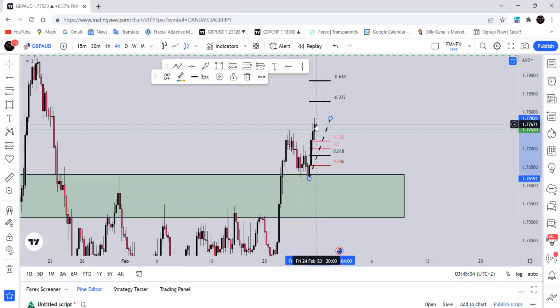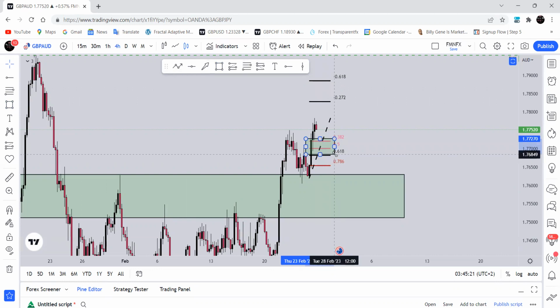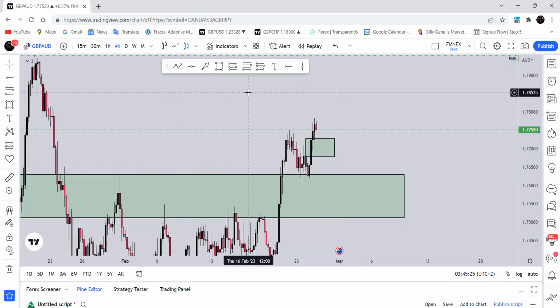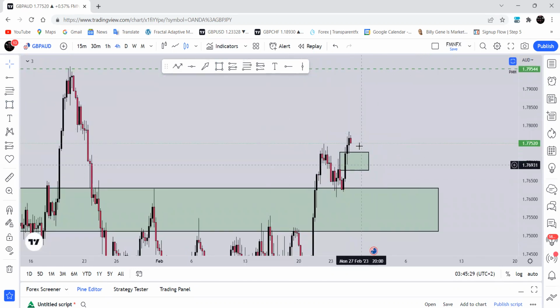And then I'm going to do a buy box that I'm hoping price will come down to. So it can touch the 382, right? But I'm hoping it comes somewhere deep in here. So that's my buy box. So if price comes down in there, then yay.